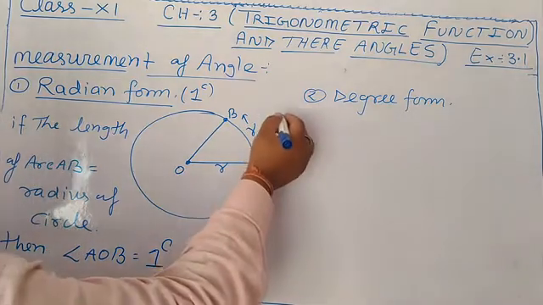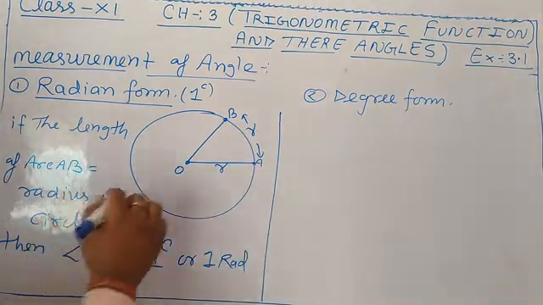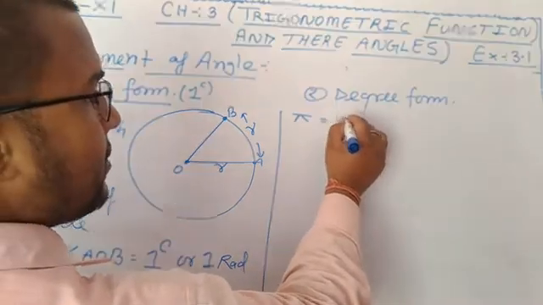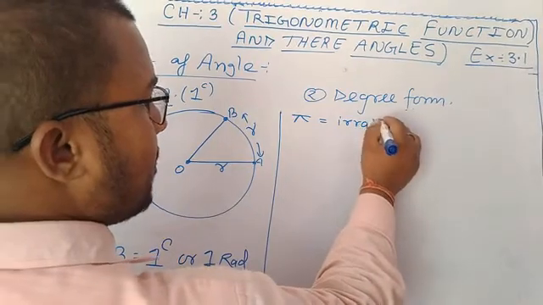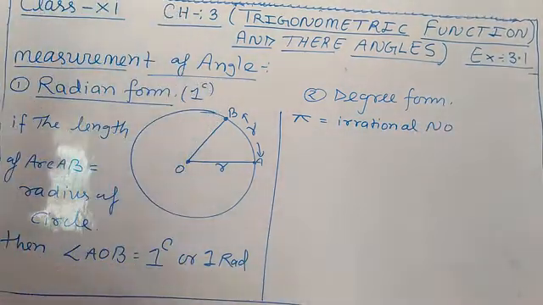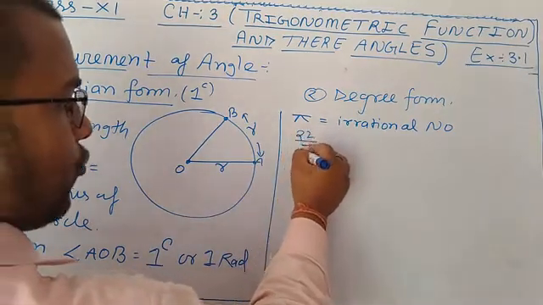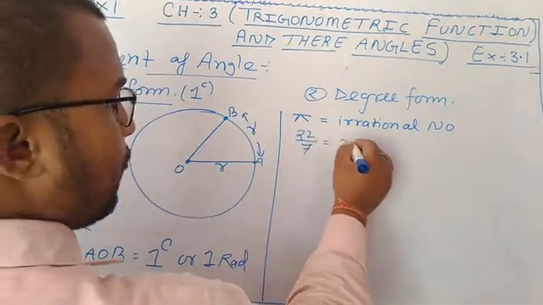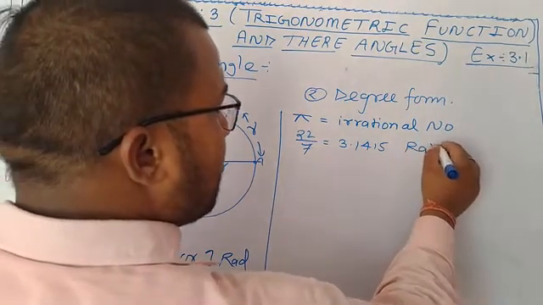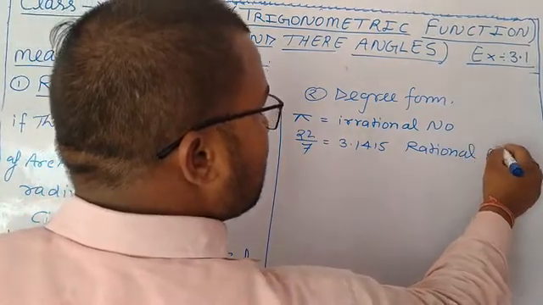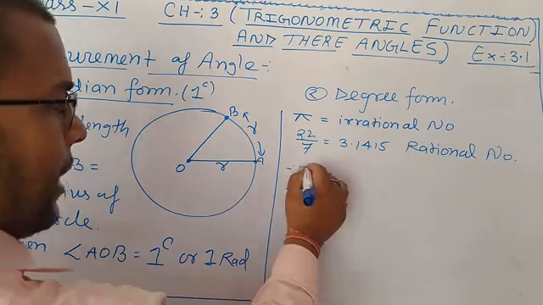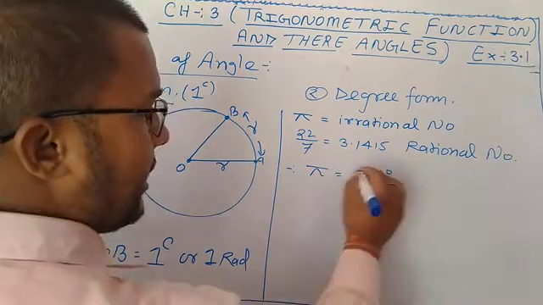Okay students, next, radian is also denoted by pi. Pi is an irrational number, and the value 22/7 or 3.1415 is a rational approximation of the value of pi. In angle form, pi is equal to 180 degrees.